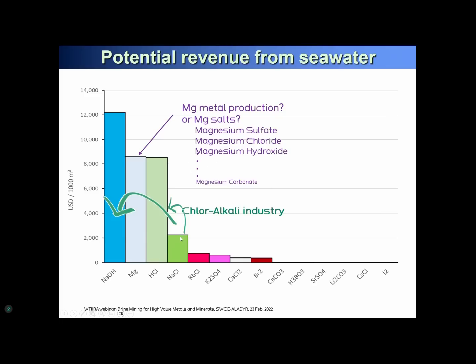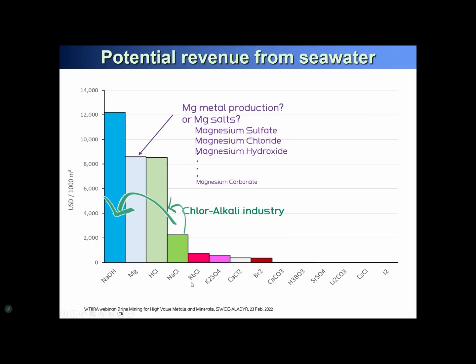Also HCl from this method, and this can be used for seawater desalination pH adjustment, and you can also reduce a lot of the inorganic fouling as well as the chemical cleaning. Seawater desalination plants require a lot of chemical cleaning processes, so HCl or sodium hydroxide can be used on the spot.